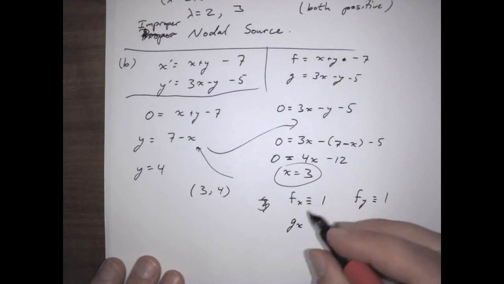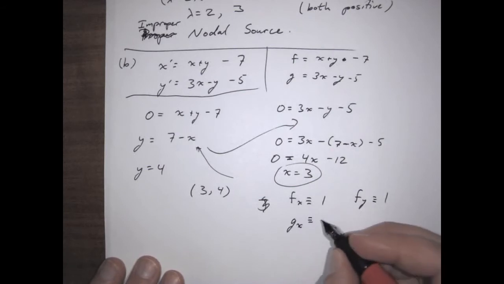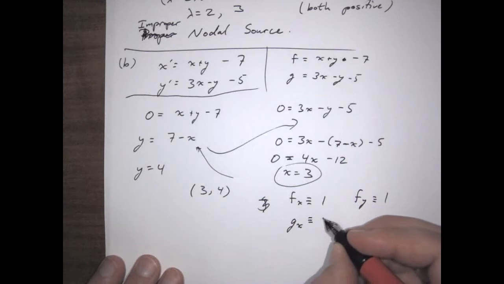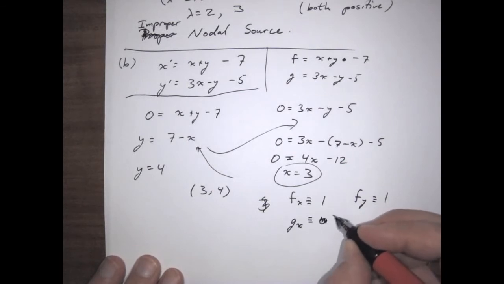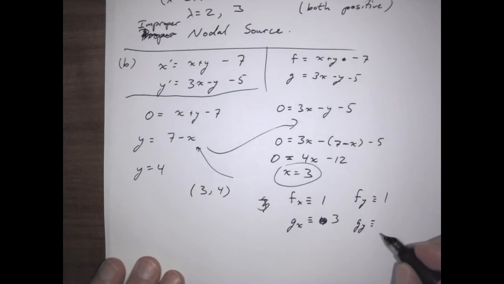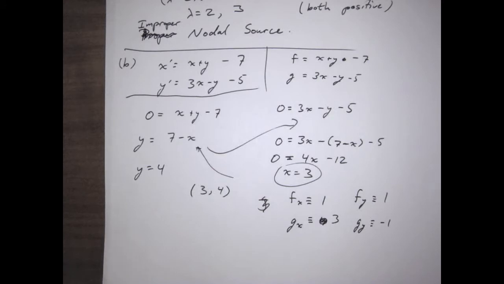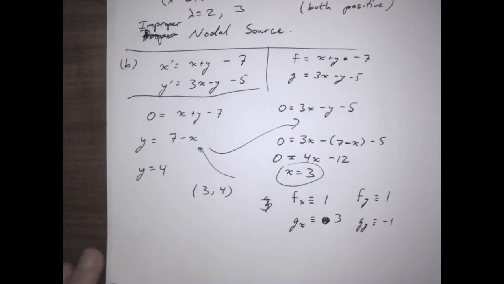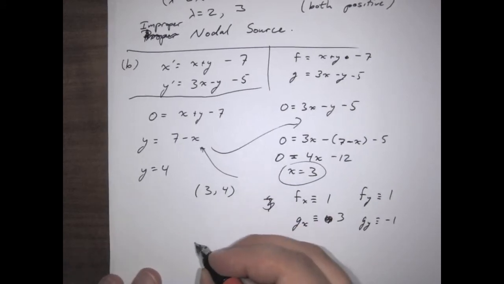G sub x is going to be identically equal to 3 minus 0 minus 0. Oops, 3 I said. And then g sub y is going to identically be equal to negative 1 minus 0. So they're equal to these numbers always, even at this value.